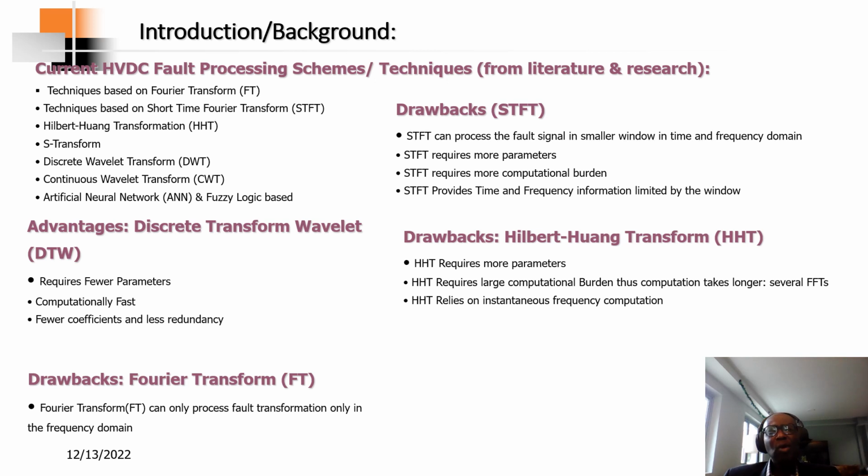It has fewer coefficients and there's less redundancy when compared to the continuous wavelet transform. As you know, the continuous wavelet transform results in more coefficients and a lot of redundancy, and that itself results in a lot of computational burden and also additional cost. Also, it is much easier to perform the analysis.